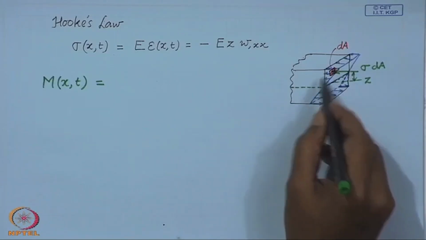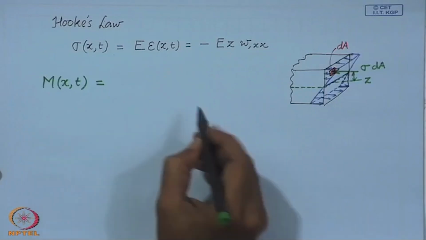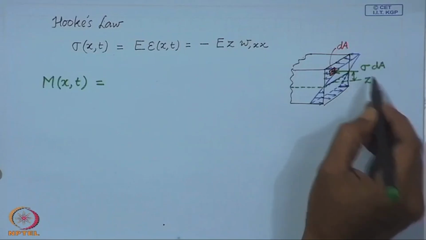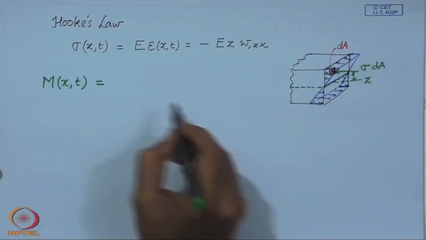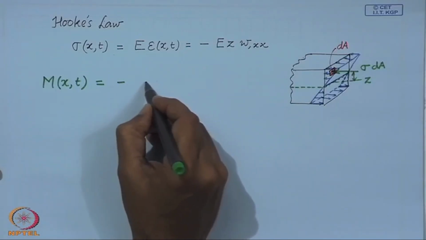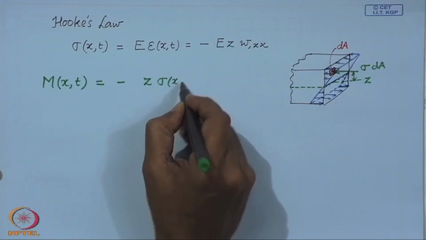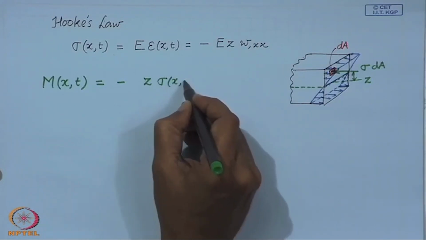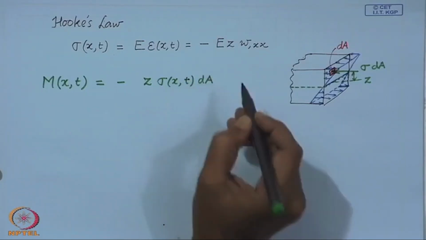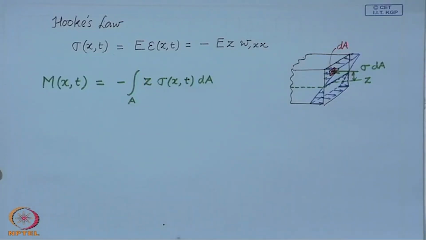So, we are going to find out the moment about the neutral axis because of this stress distribution is given by, so this arm, so z cross this force, and if you do that calculation, that turns out to be negative of, and this has to be integrated over the total area A.